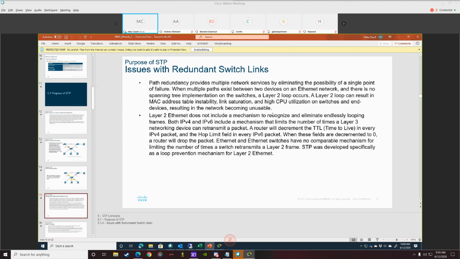So with an inconsistent MAC address table, that frame is going to go into chaos, into a loop, and it's going to cause what we call a broadcast storm. Broadcast storm is no good at all, because it will cause denial of service. And that's one of the most dangerous attacks you can have on your network.